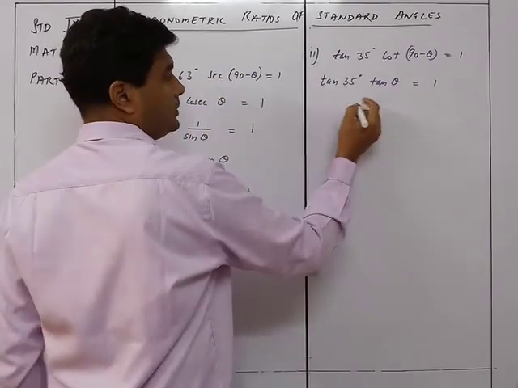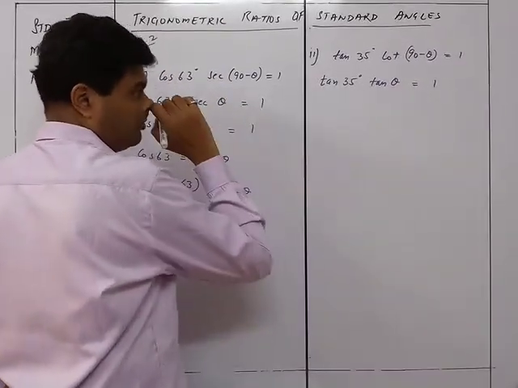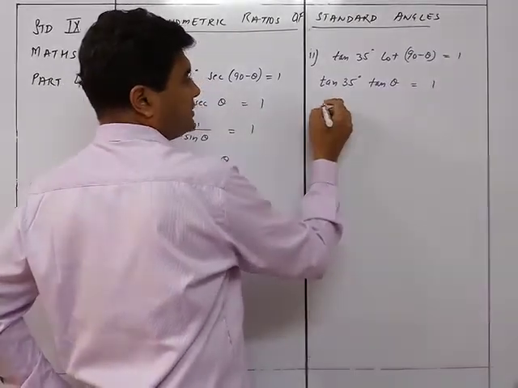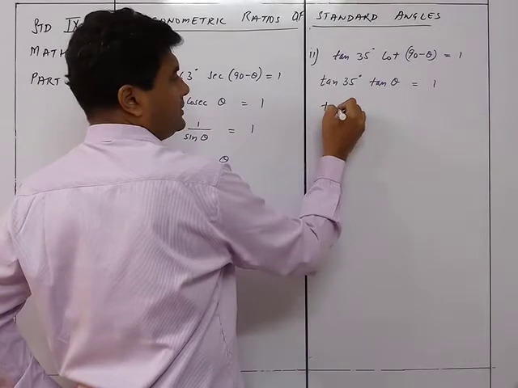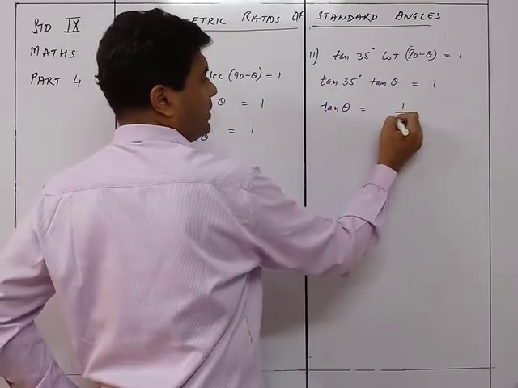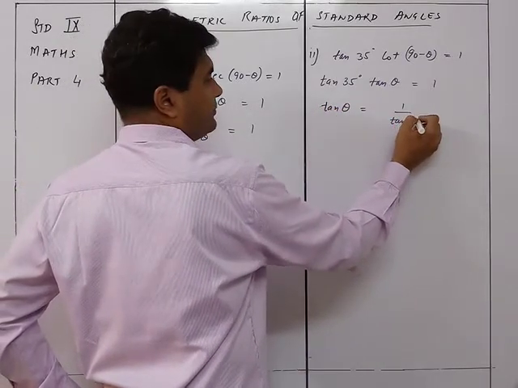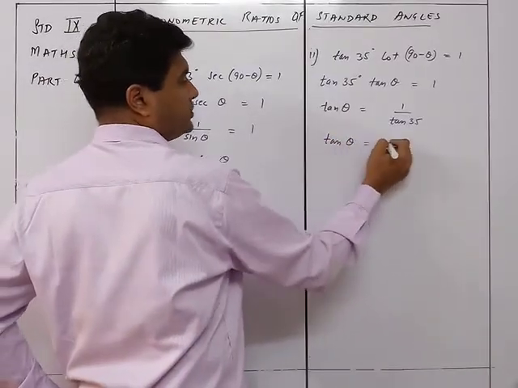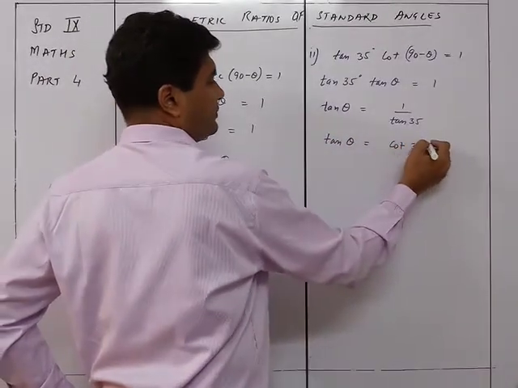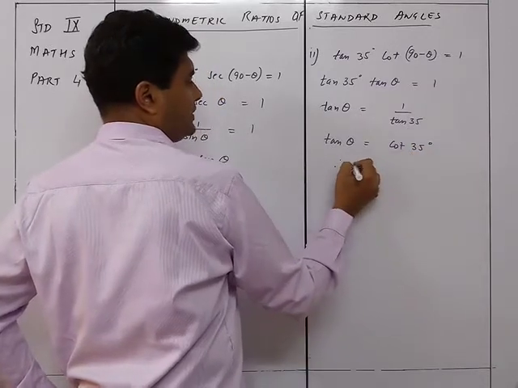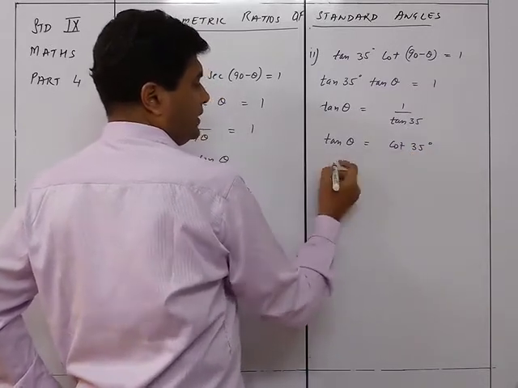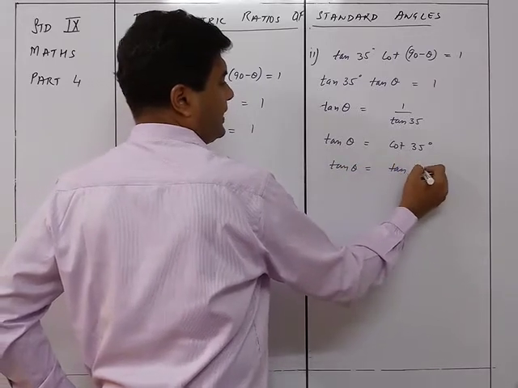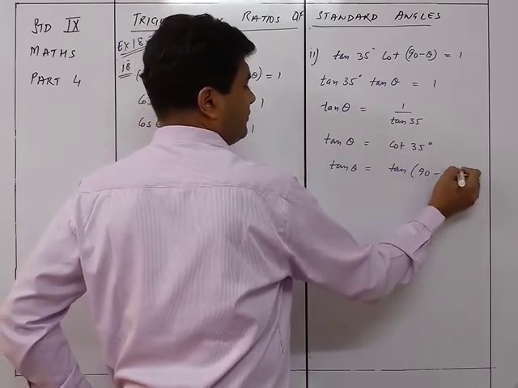So now we have to take it as tan theta is equal to 1 upon tan 35. So tan theta is equal to cot 35. Therefore tan theta is equal to tan 90 minus 35.